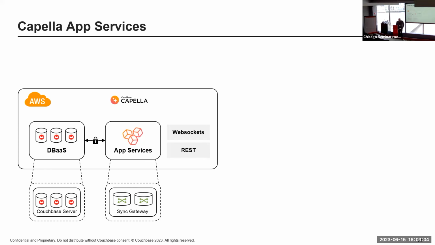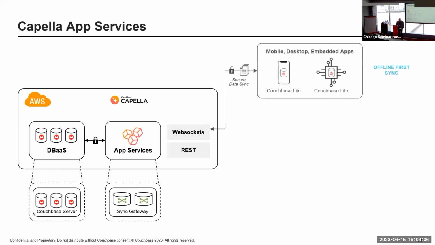So common topologies for app services applications include offline first sync. And this is where apps can work in isolation for extended periods using Couchbase Lite for that local data processing. And when connectivity is available, app services provides the secure data sync back up to Capella over a WebSockets-based protocol.